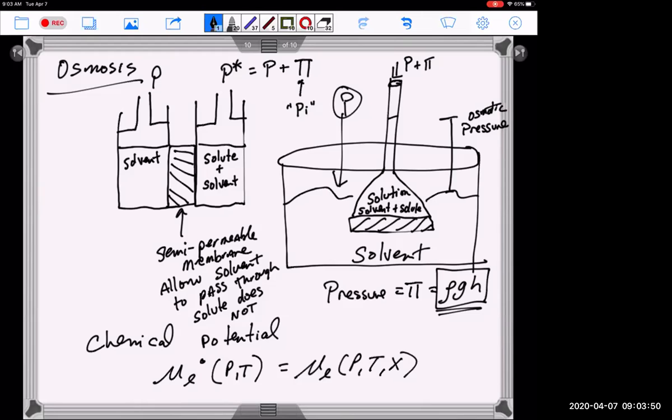Right, so here we have the solution that has some mole fraction of a solvent, and here we have the pure. And that has to be true on both sides of that membrane.